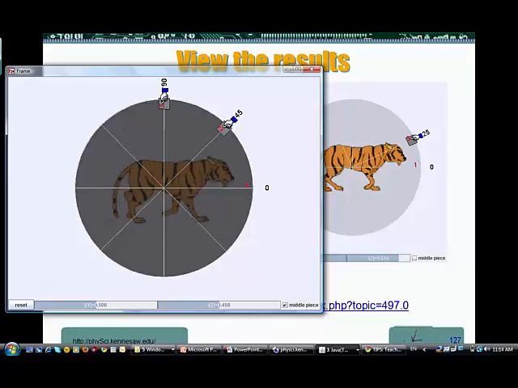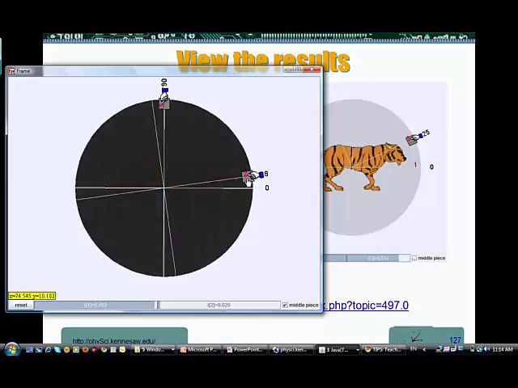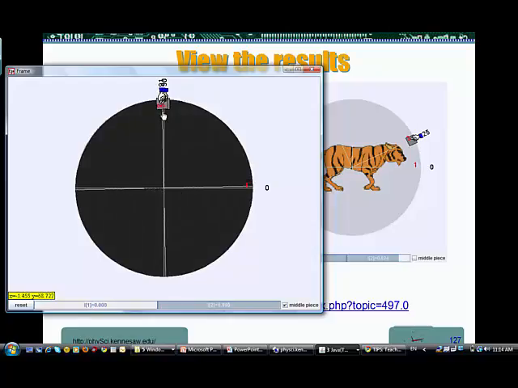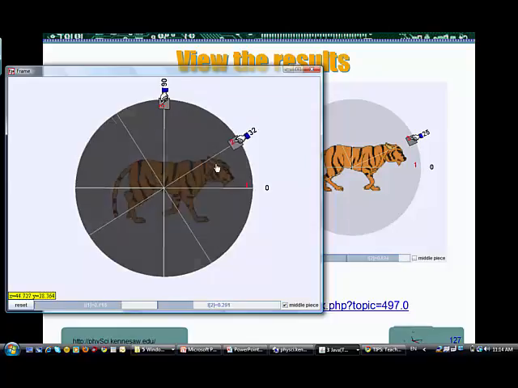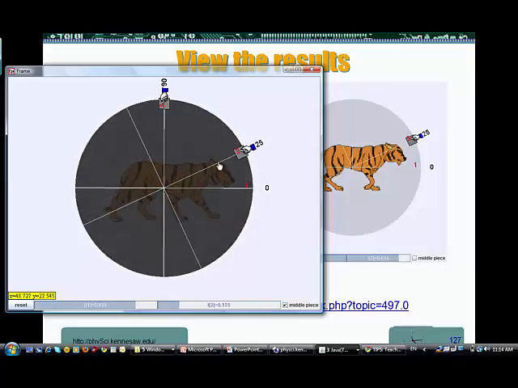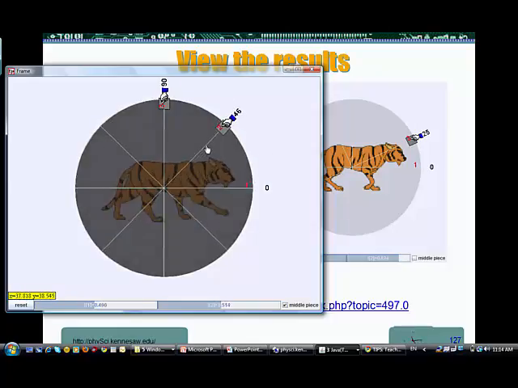Now, of course, if the middle one becomes parallel to the first, we don't have any light passing through. Same thing if it is parallel to the third one. 45 degrees is the angle that's going to give us the most light out.